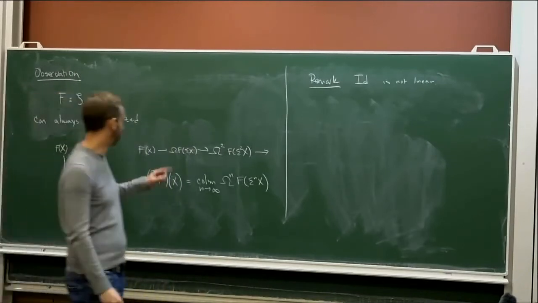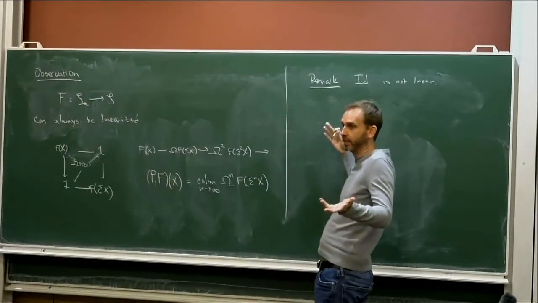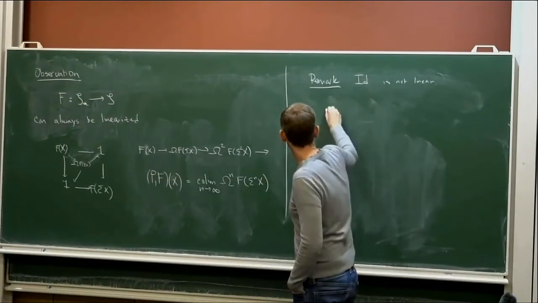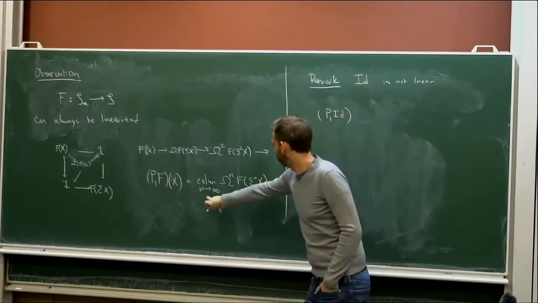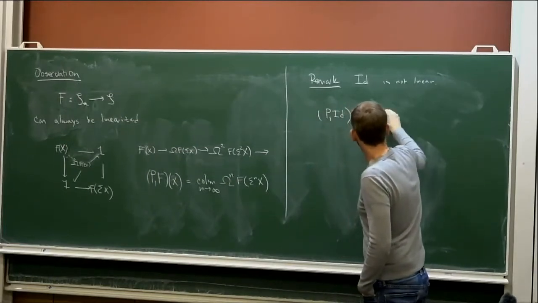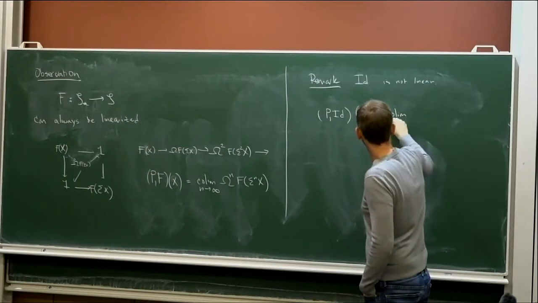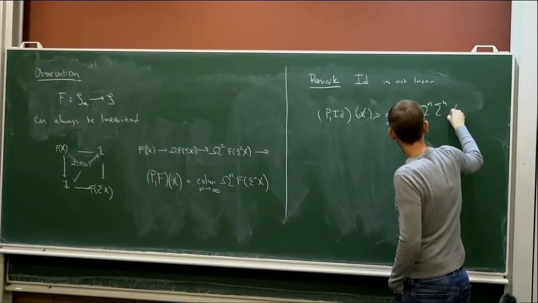So what happens when you apply this procedure and linearize the identity? Well, if I take P1 of the identity, this becomes just the colimit, as n goes to infinity, of loop n sigma n of x.